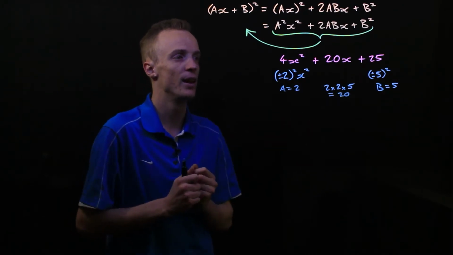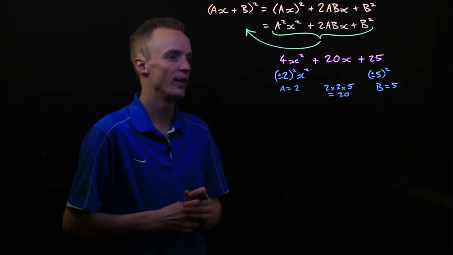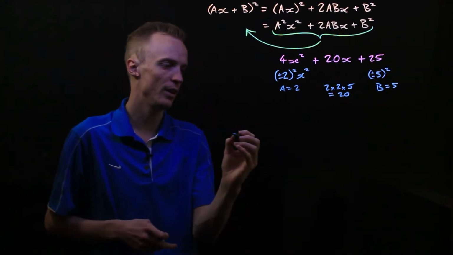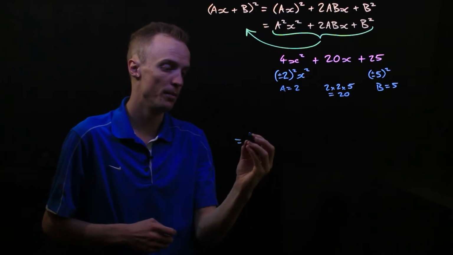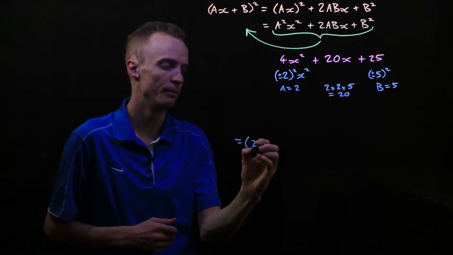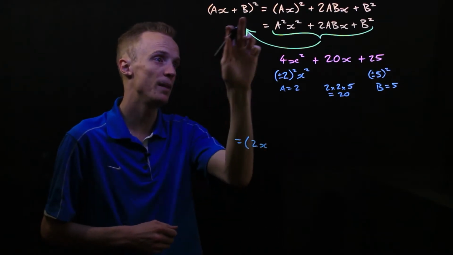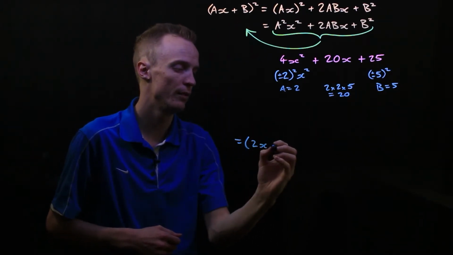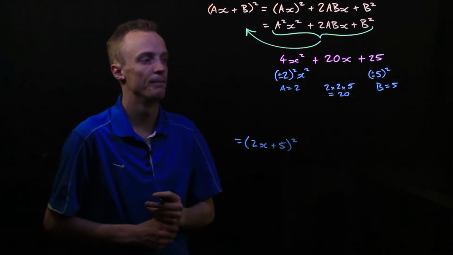Because of that, I can factorise it back over here. So I can say that this is equal to, open up a bracket, my a value, which I identified to be positive 2, then my x, add my b value, which was positive 5, and that will be all squared.